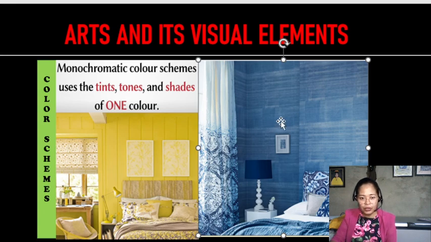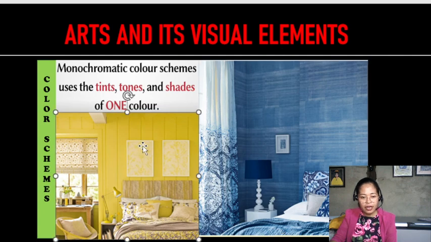Okay, that is monochromatic. Another example is this one. It uses yellow, and the variations of that yellow color. That is monochromatic. From the word mono, it uses only one color with different variations. Okay, so I hope that is clear.